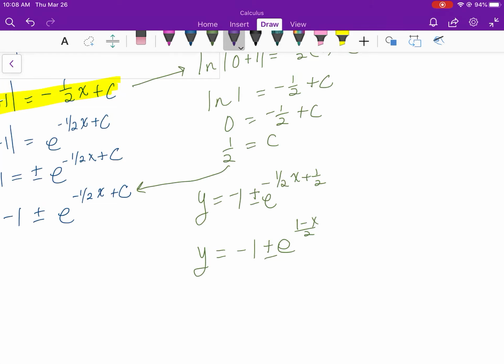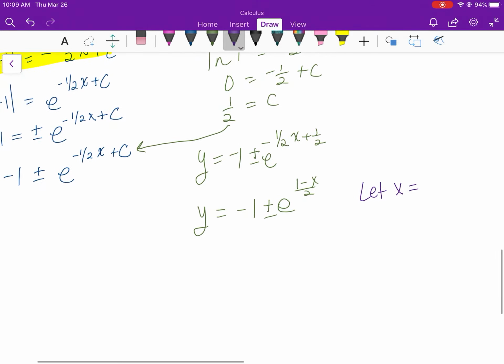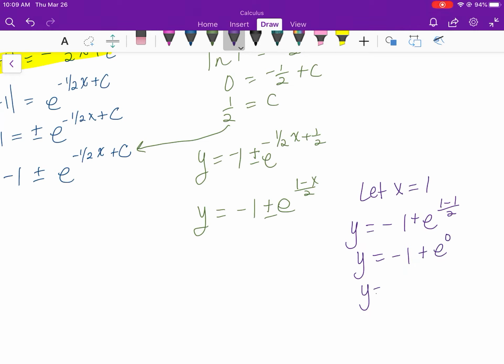And so to try it out, I'm going to let x be 1. Let's try the first one. I'm trying to get 0 back for y. And I did. So 1, 0 works with the positive one.